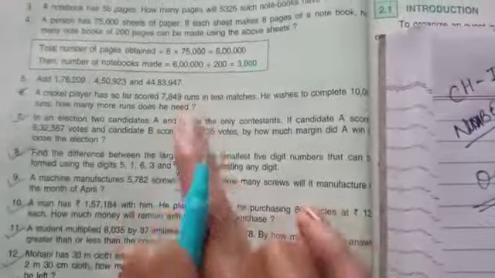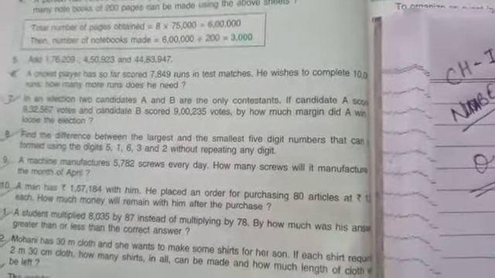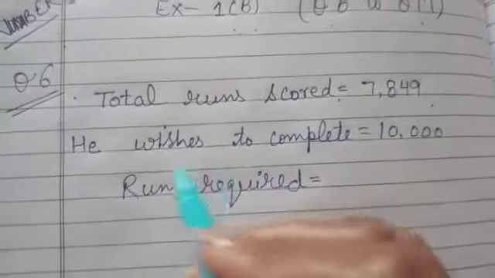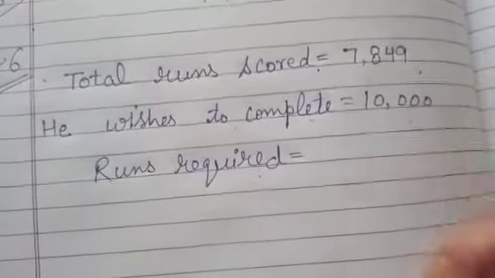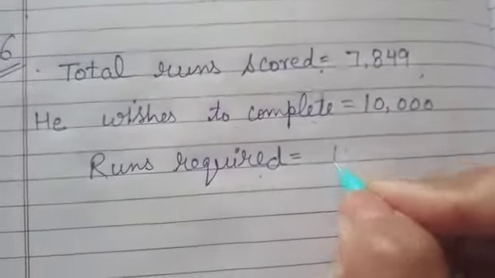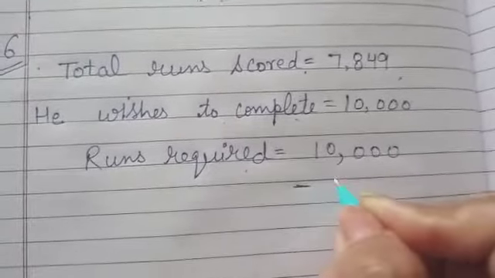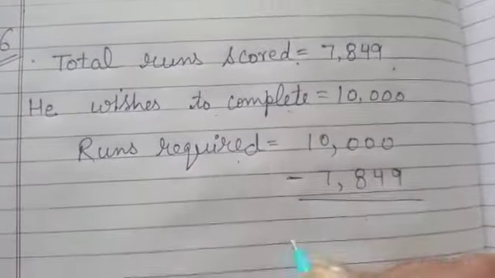So how much is required? You subtract this from the total, that will be the number that is required to complete the target. So as per the question, total runs scored this, he wishes to complete this, runs required. How many runs are required to complete the target? 10,000 minus 7,849.